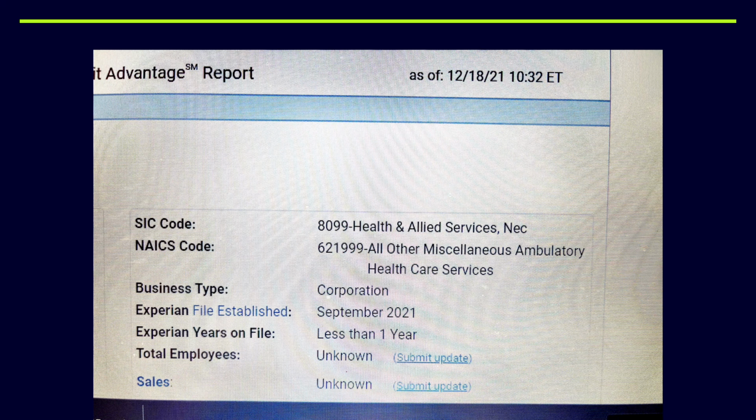So I was able to prove that the information I provided to NAV was carried through over to Experian, and so I did not have to register my business directly on Experian. NAV did the hard work for that.